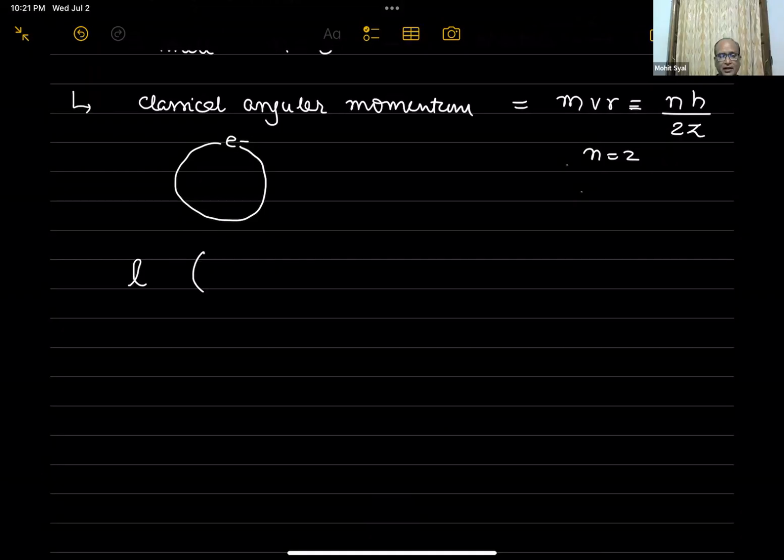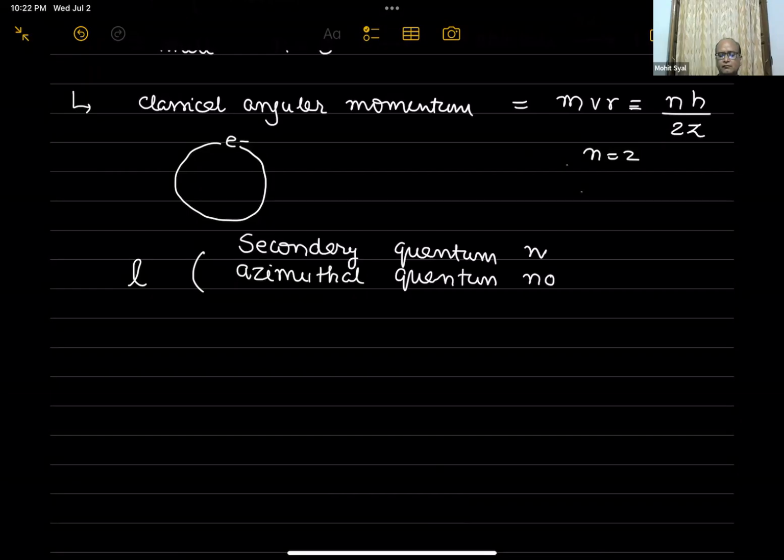This is known as the subsidiary quantum number, azimuthal quantum number, secondary quantum number, and also the angular momentum quantum number. Azimuthal means secondary.